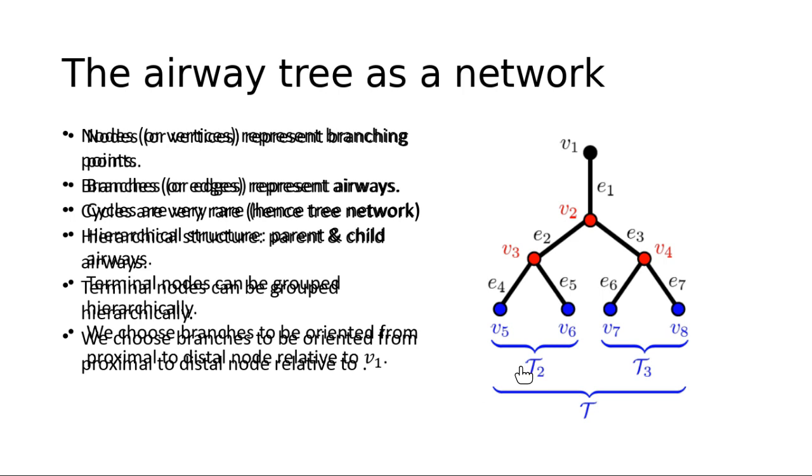And we arbitrarily choose branches to be oriented, in this case, down the tree, from the mouth end up here down to the acinar region or alveolar region down here.